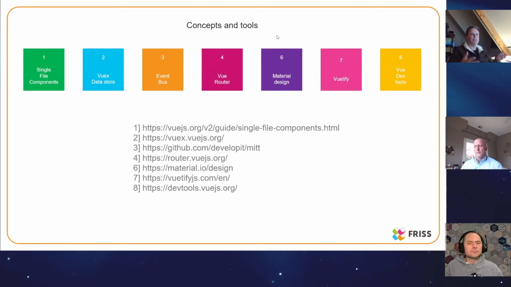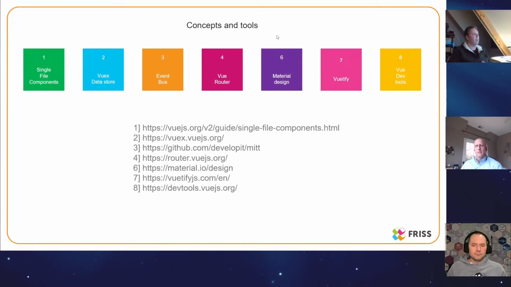So material says, what should I have? What type of components should you actually build? You need to have buttons, you need to have this functionality and that, and then you can build it. So material is not an implementation, it's a specification on what to build. And then you have teams like the Vuetify team that actually builds it out. You have the same thing for React or Angular or any of these big frameworks.